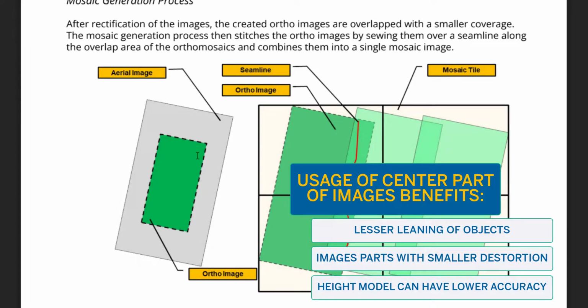It also has an advantage that your height model can be less accurate and still not create misplacement of our pixels, because a height error closer to the nadir position will cause a lesser positional error of my pixel.